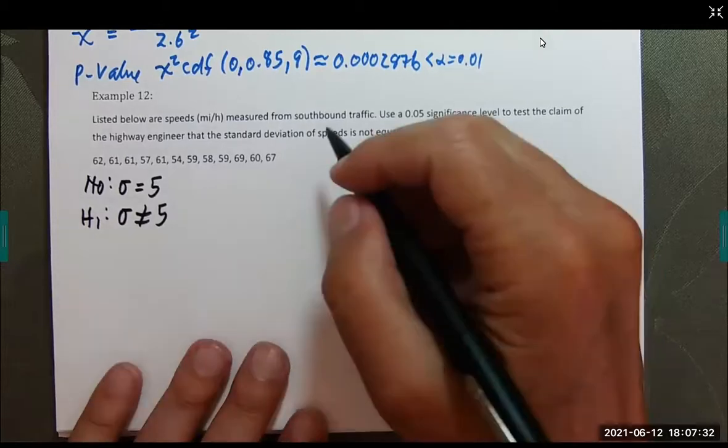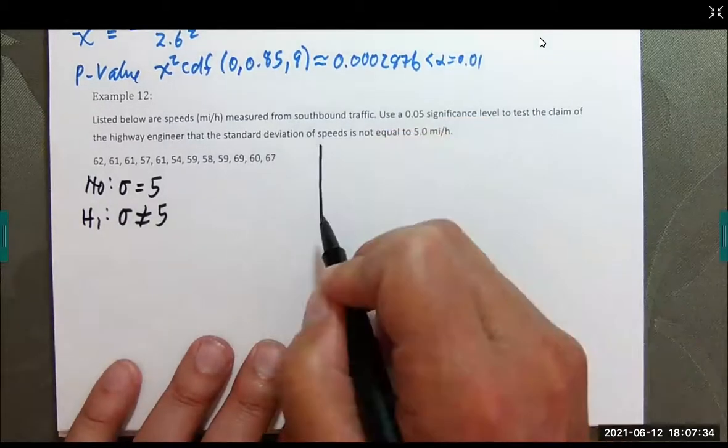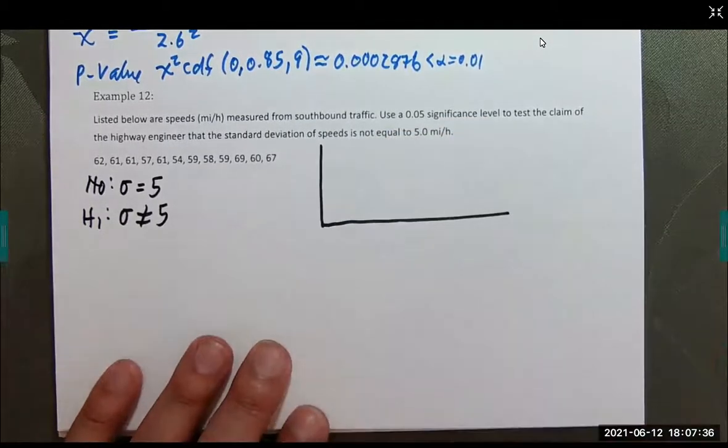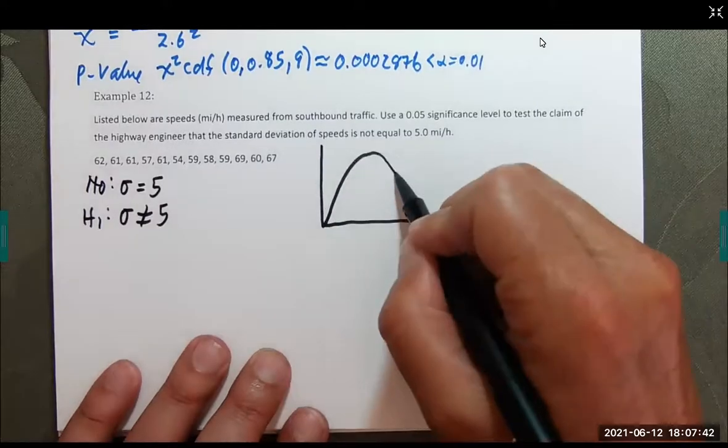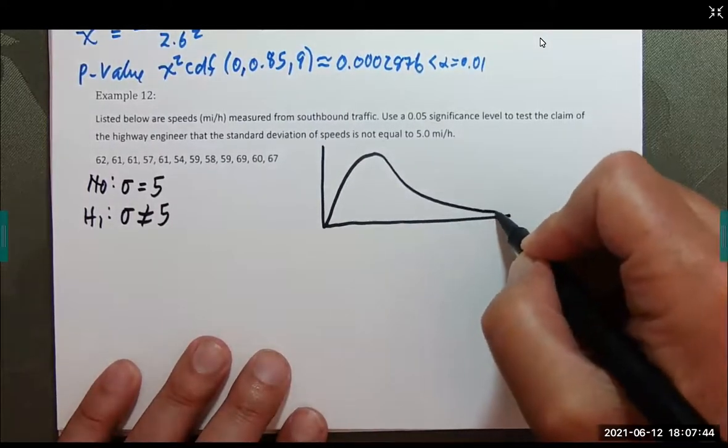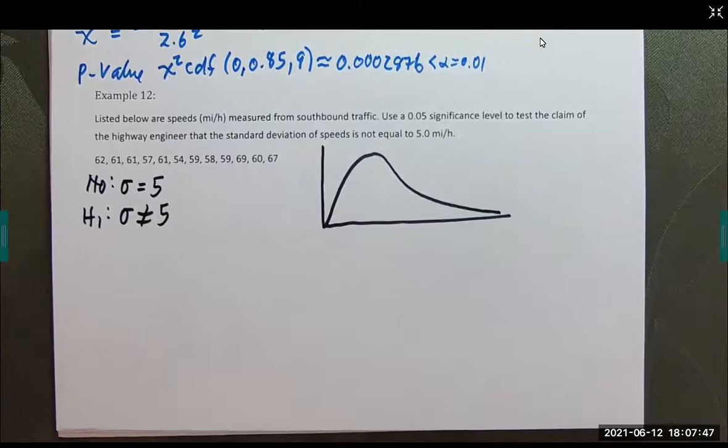So I'm going to draw a graph. Now notice not equal to equates to a two-tail. All right, again, remember that starts at 0.